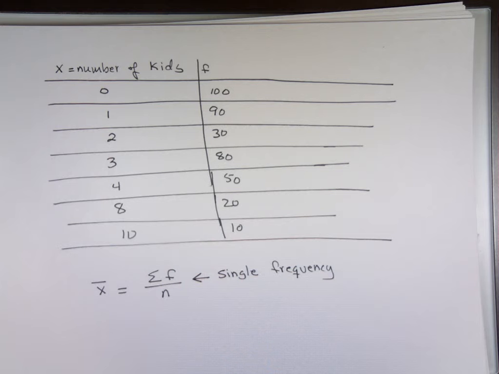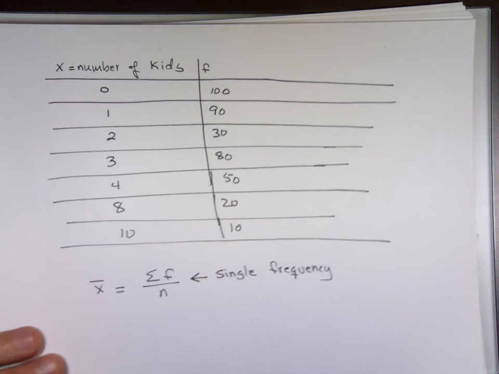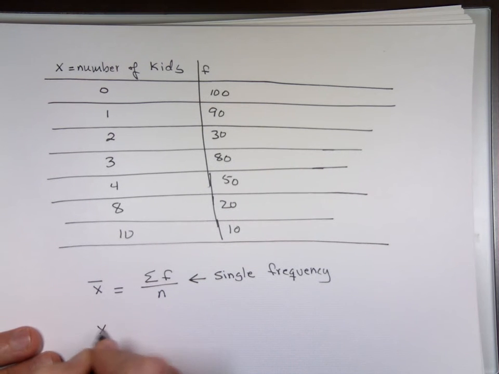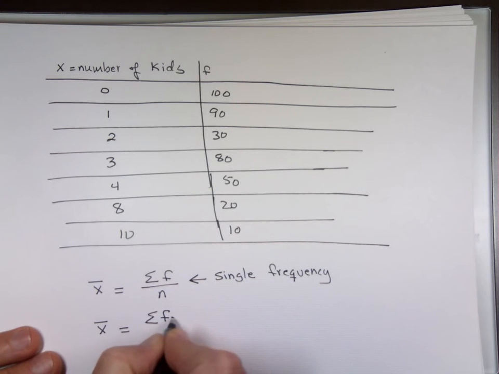So do we have an equation when you have a problem like this? And the answer is yes. We can use this equation, which says the summation of f times x divided by what? The sample size n, which happens to be the sum of f.